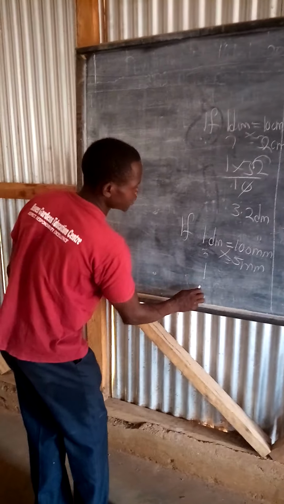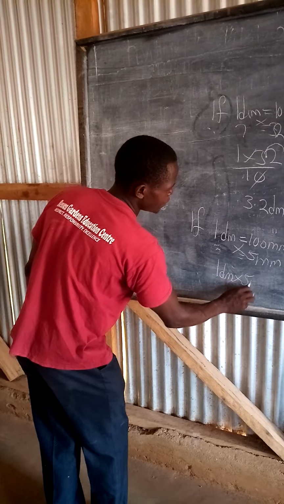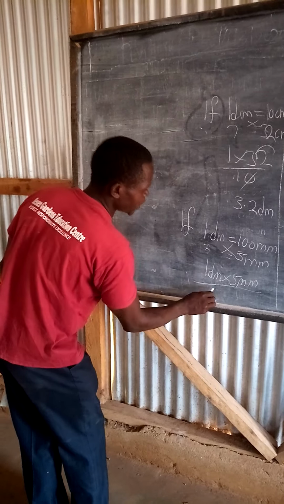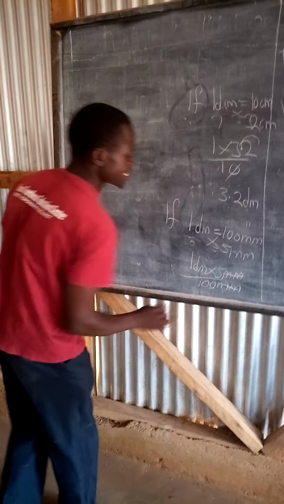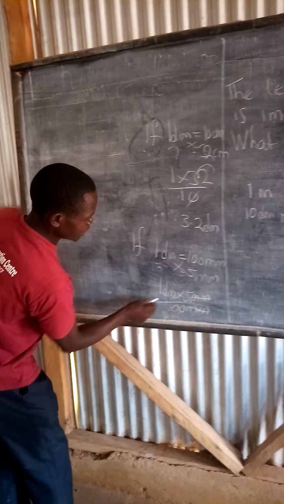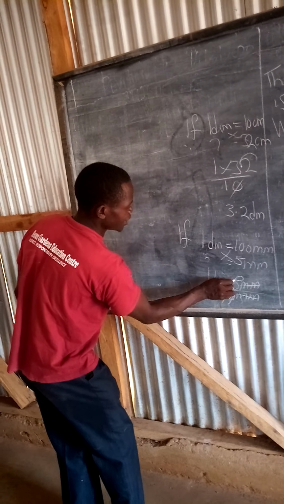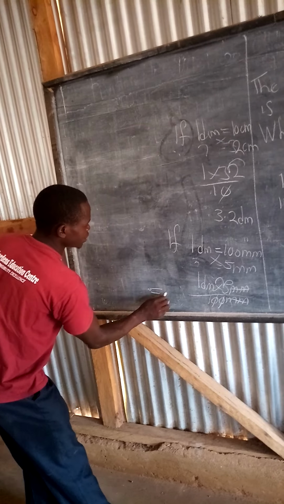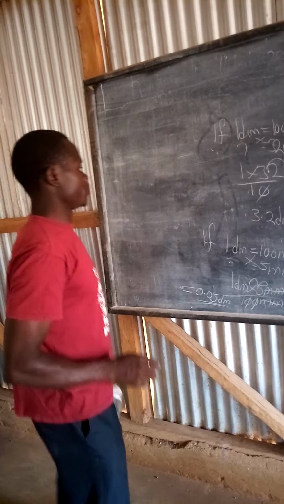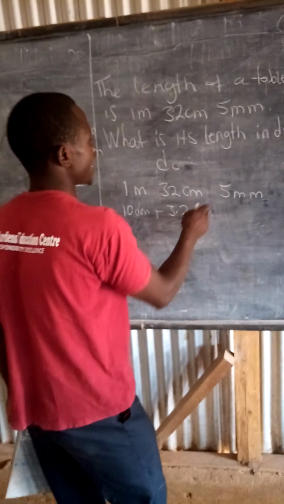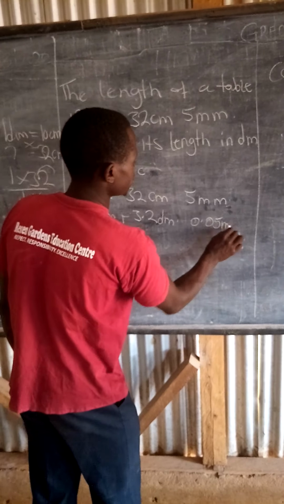This will give us 1 decimeter multiplied by 5 millimeters divided by 100 millimeters. Millimeters and millimeters cancel. Cancel this 0, bring your decimal point here. At the end, you will have 0.05 decimeter. So under 5 millimeters, you will have 0.05 decimeter.